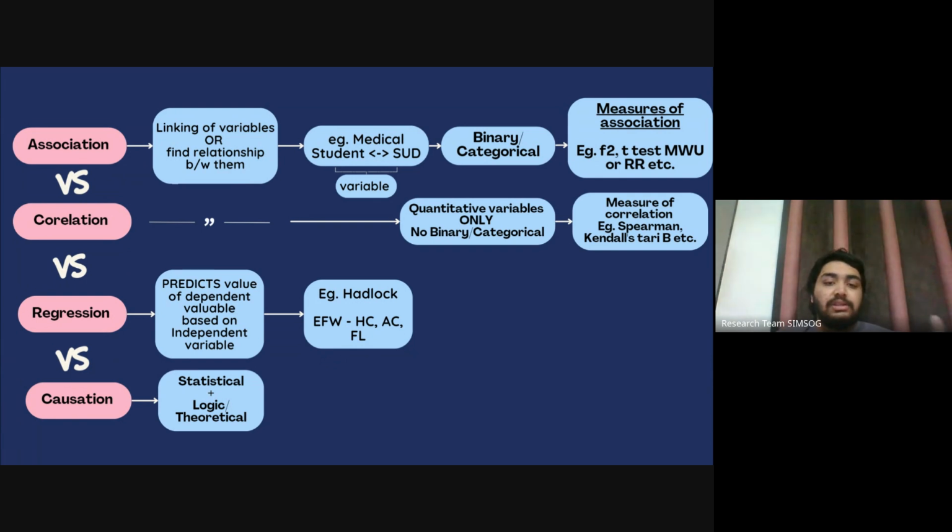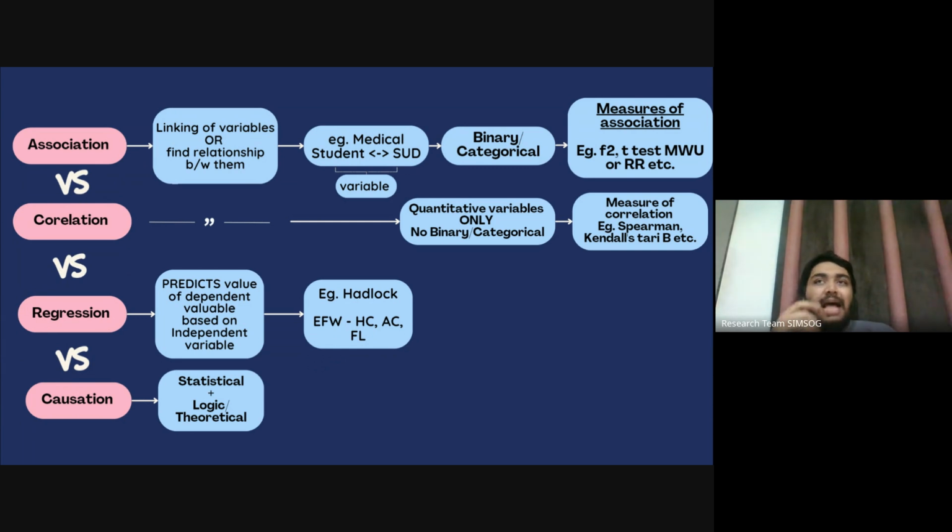So this is kind of a regression. Another example: tomorrow if I want to do a study to see how much weight loss I happen to have based on 2 kilometers of walking per day, 4 kilometers of walking per day, or XYZ number of steps per day, I will do a regression analysis, where I will come to know that if I walk so and so number of steps, I will lose so and so amount of weight.